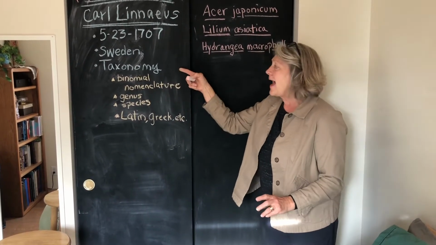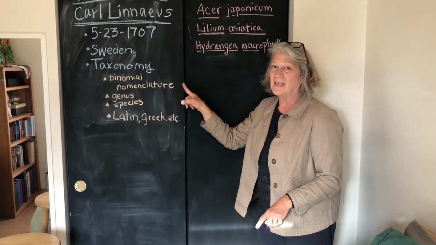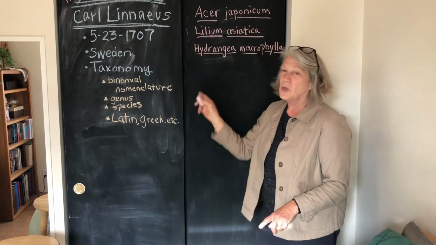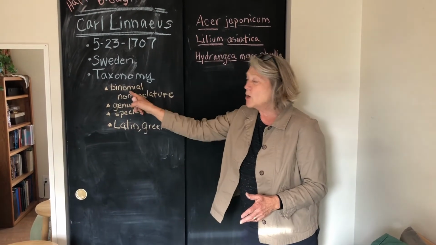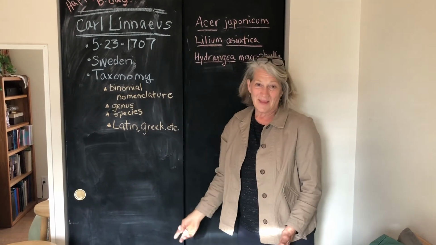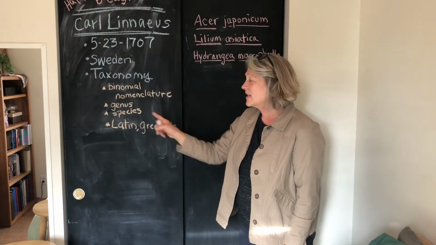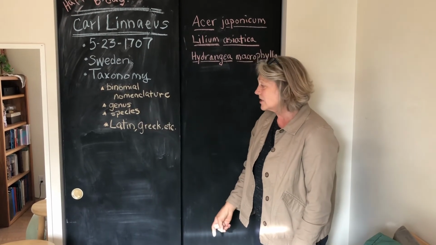Taxonomy has one wonderful feature, and that is binomial nomenclature. Binomial nomenclature is a system in which we use two words, binomial, to name something. And the two words identify the genus and the species of the plant in this situation.